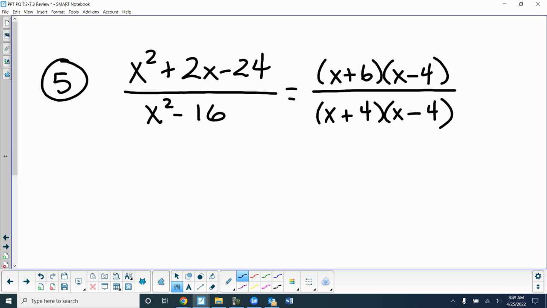Now, looking at the numerator and denominator, do we have any common factors? X minus 4. Right. The x minus 4s, right? So my answer would be x plus 6 over x plus 4. And then there's another spot where you're supposed to tell me what x is not allowed to be, and you look at both factors.